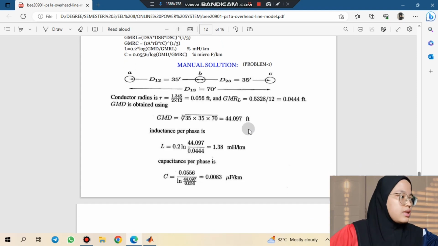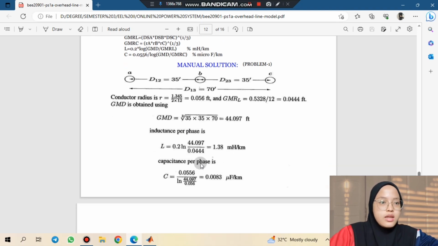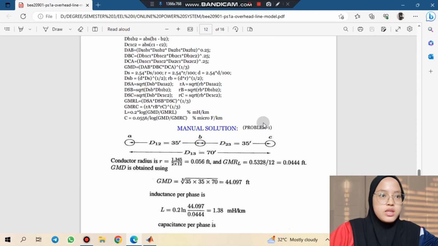So this is the manual solution of problem 1. The inductance per phase is L equal to 1.38 millihenry per kilometer, which is the same. And then the capacitance per phase is C equal to 0.00883 microfarad per kilometer.